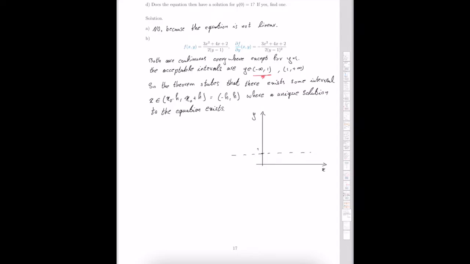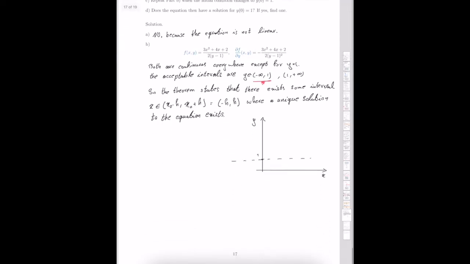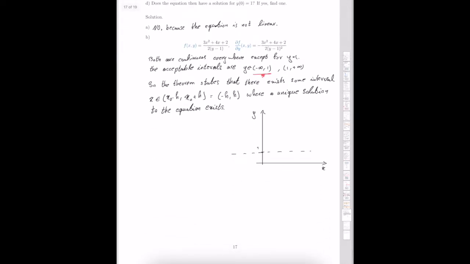But then, the initial condition, by the way, is 0 and minus 1. So I really need to continue this line. This is the initial condition.